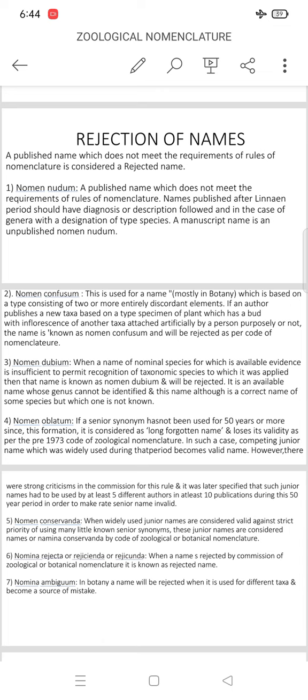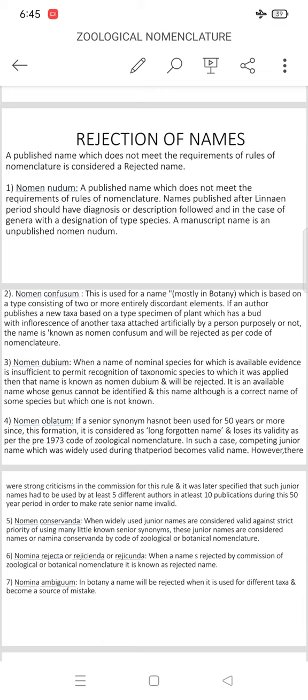However, there were strong criticisms in the commission for this rule, and it was later clarified that such junior names had to be used by at least 5 different authors in at least 10 publications during the 50-year period in order to make the senior name invalid.